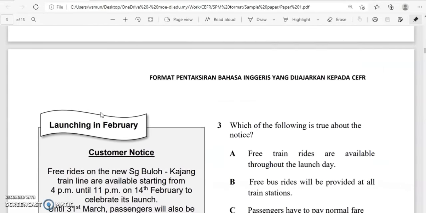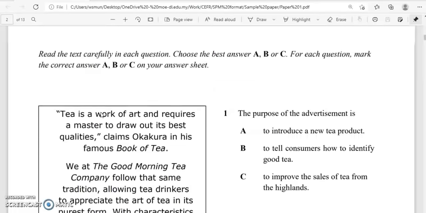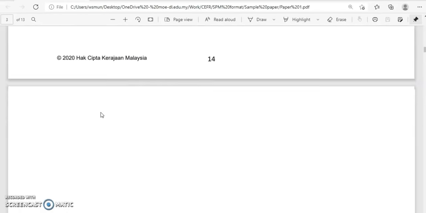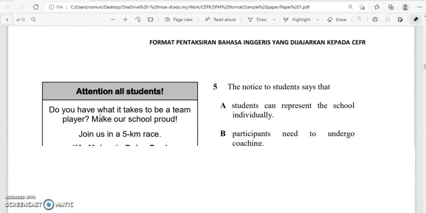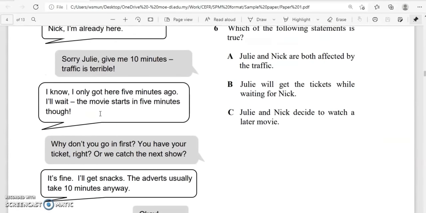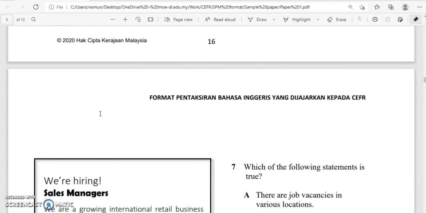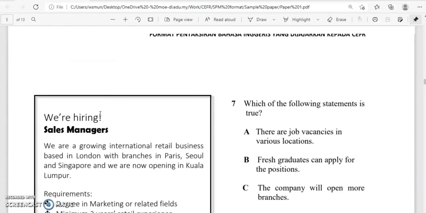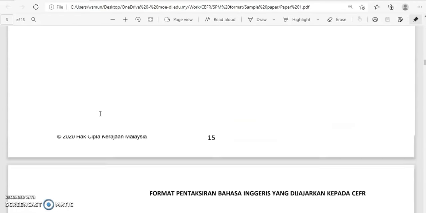An advertisement. A text message dialogue, or news report.